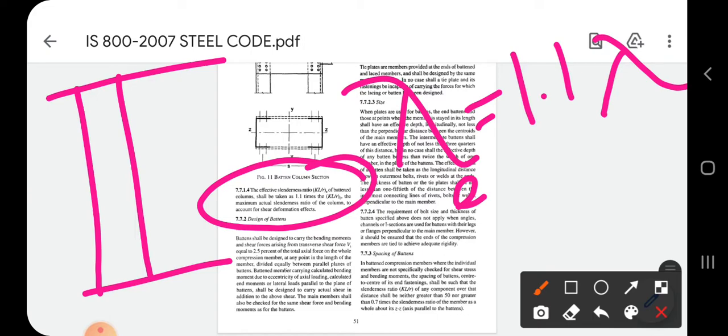Slenderness ratio, lambda, is equal to effective length by least radius of gyration. If it is connected by battens, then we have to find the effective slenderness ratio, which is equal to 1.1 times the actual slenderness ratio, whereas for a laced column, the effective slenderness ratio is equal to 1.05 times the actual slenderness ratio.